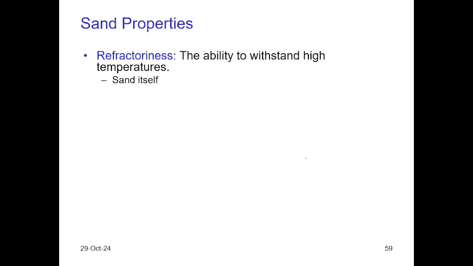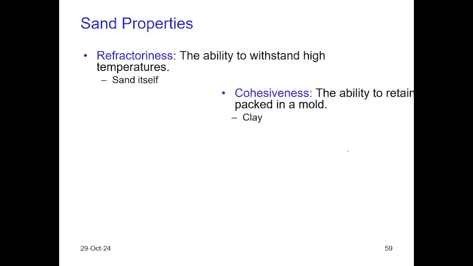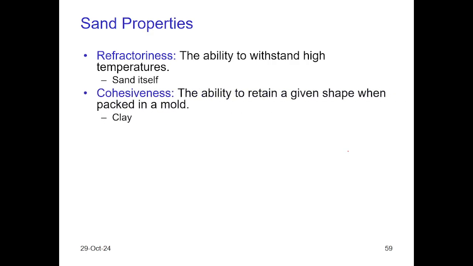The properties of sand in sand mold casting are important. One characteristic property is refractoriness, the ability to withstand high temperature. Sand is itself a refractory material. Cohesiveness is the ability to retain a given shape when packed in a mold.